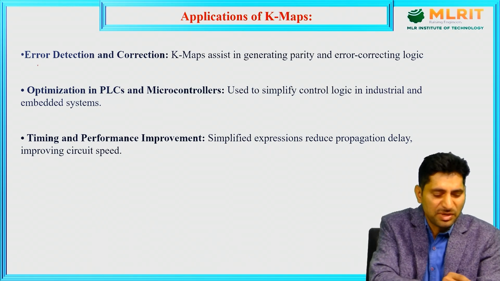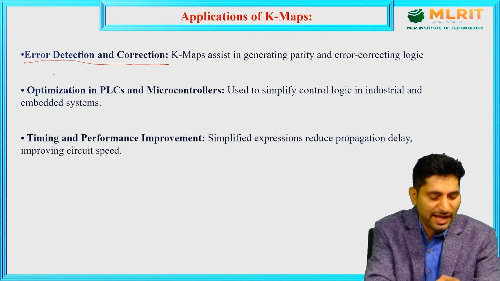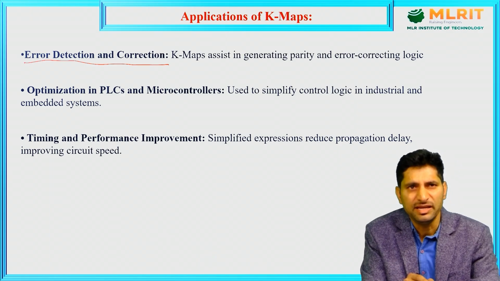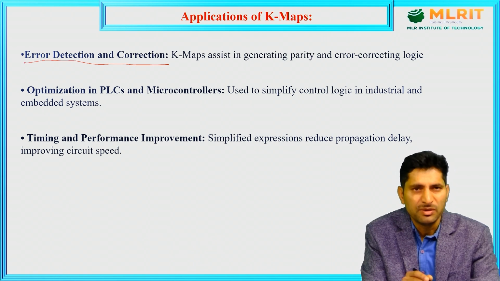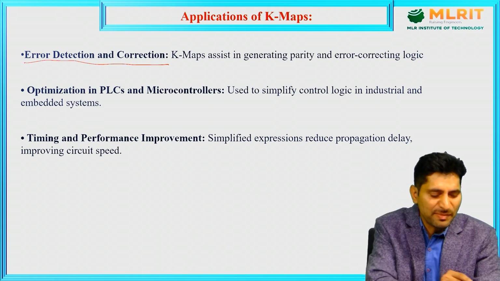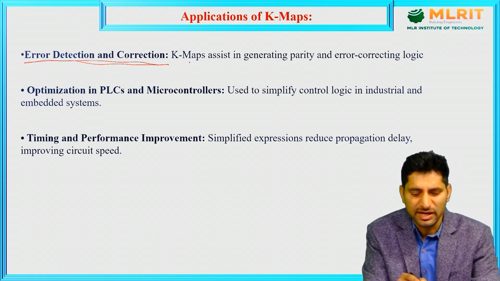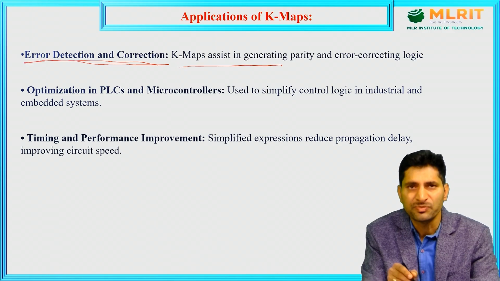Next, in communication we use K-maps for error detection and correction codes. In communication we often send information from transmitter to receiver, and while transmitting or receiving we may lose data.